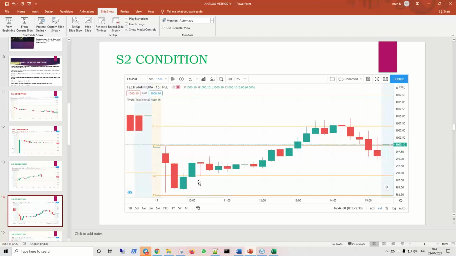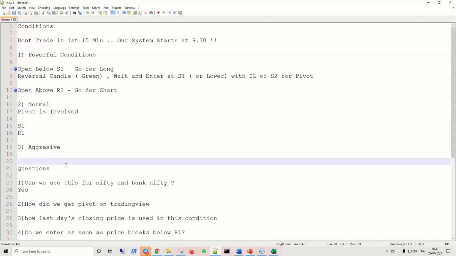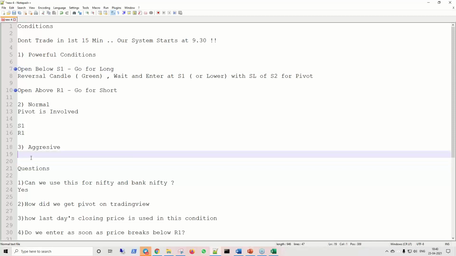These are very powerful conditions, the most powerful conditions: S2 and R2. Whenever you are going long at S2 or going short at R2, those are the most powerful.